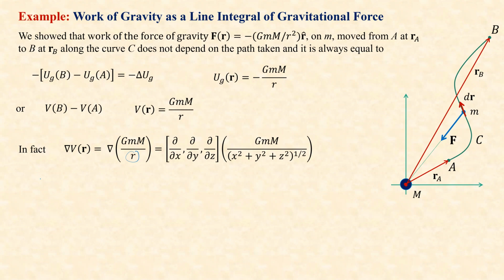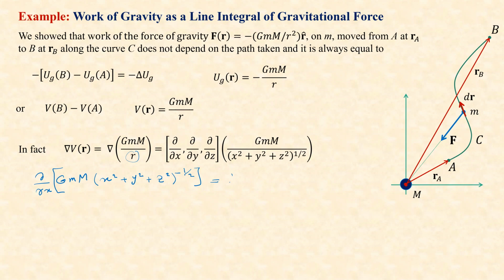What is the gradient? Let me write here partial with respect to x and partial with respect to y and partial with respect to z; it has 3 components. Let's calculate the first component: partial with respect to x of GMm, let me put that in square brackets. Instead of 1 over the parentheses to the power 1/2, I put it up and make it negative, so x squared plus y squared plus z squared to the power negative 1/2, right?